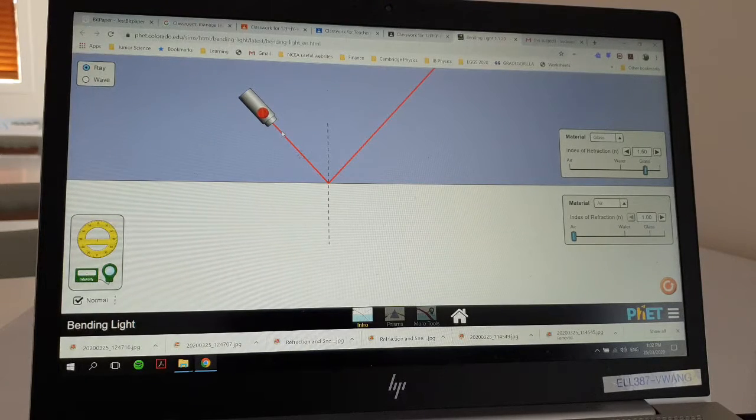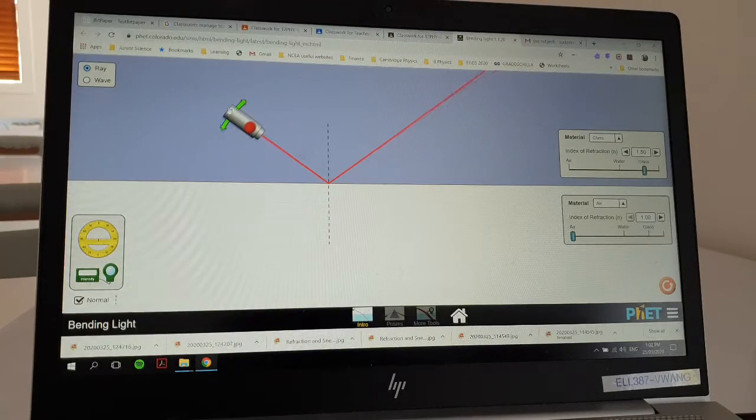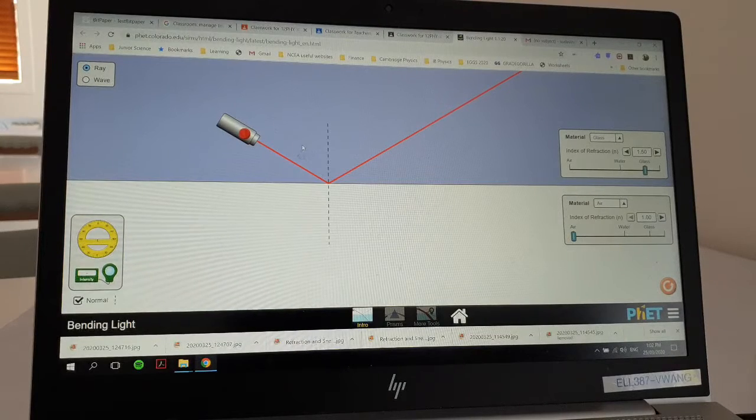So the critical angle is when total internal reflection starts to happen. If the incident angle is bigger than the critical angle, total internal reflection happens. If it's smaller than the critical angle, it's refraction.